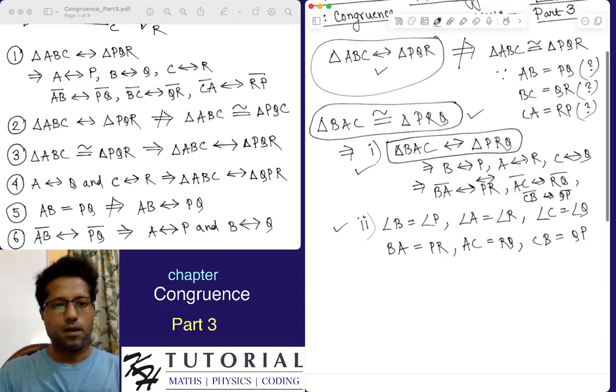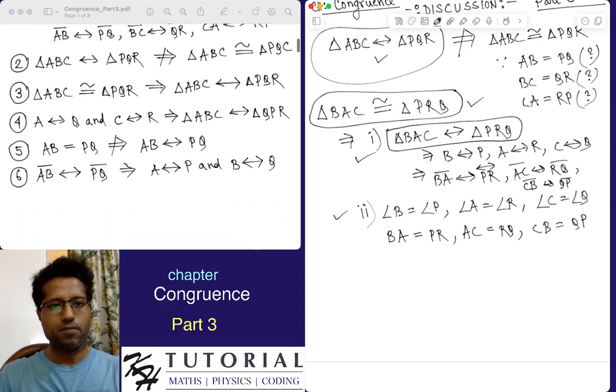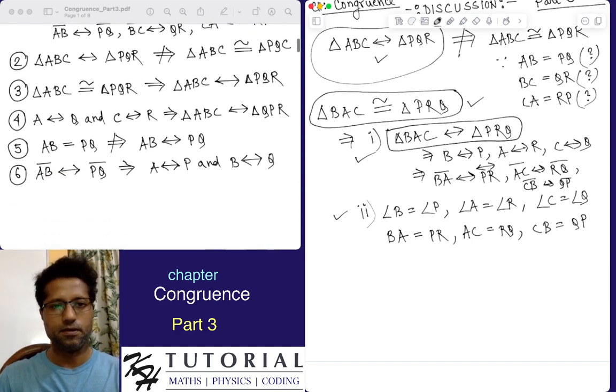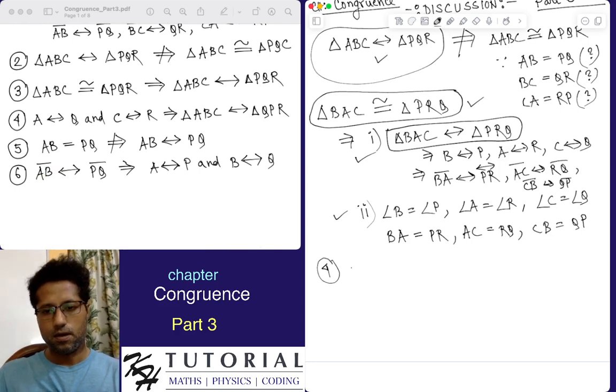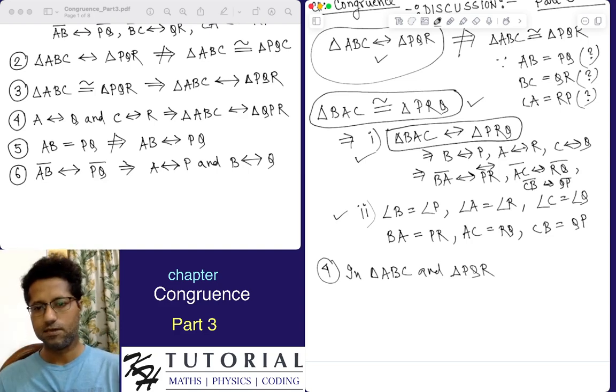Okay. Now point number four says that, so let me also discuss point wise, in triangle ABC and in triangle PQR, this naming actually does not matter, because ultimately what I am saying is there is a triangle.